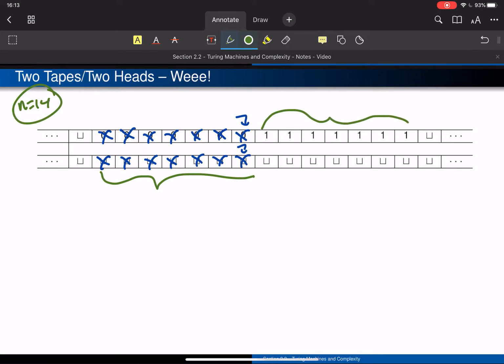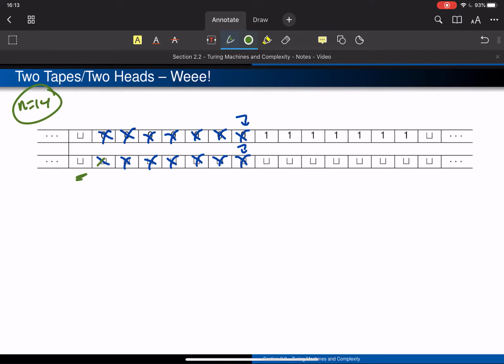So if that top tape makes it all the way back to this blank at the exact same time that this bottom tape makes it to the blank, we know that the zeros and 1s are the same size. So it's this convenient way that that bottom tape is essentially keeping a count of how many 1s I need to go. However many X's I have, that's how many 1s I need.